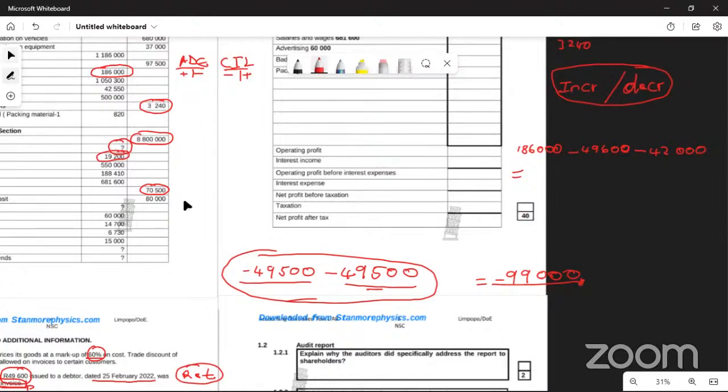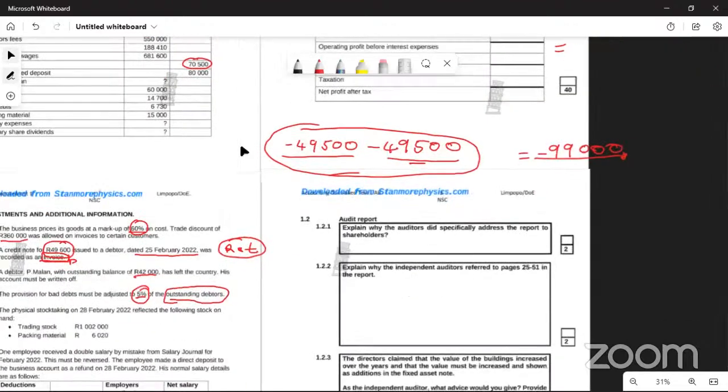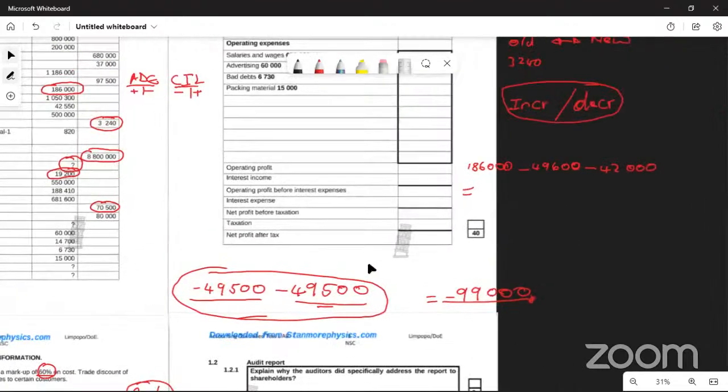Let me double check my figures. Then you will be getting 94,400. So this is now our trade debtors, the amount that we are expecting to receive.